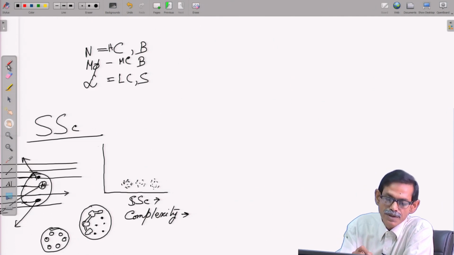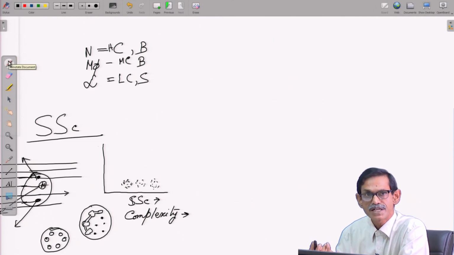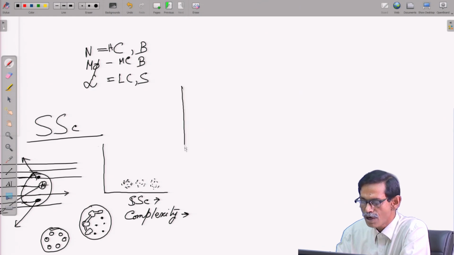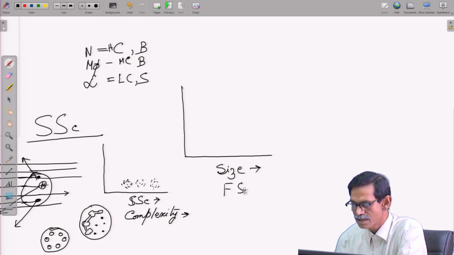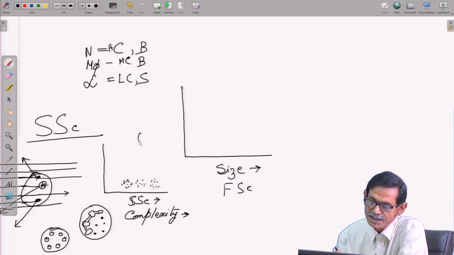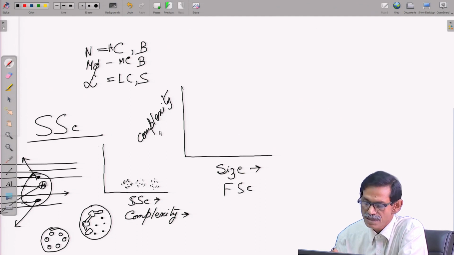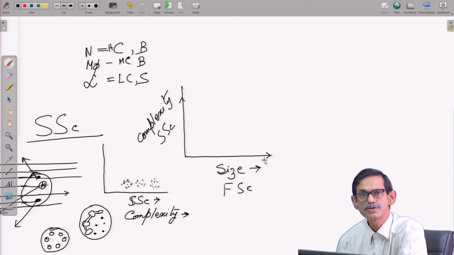So, now the data is already there. If we plot, suppose this is size, meaning forward scattering, and this is the complexity, meaning side scattering. If I ask the computer to plot this, what is going to happen?